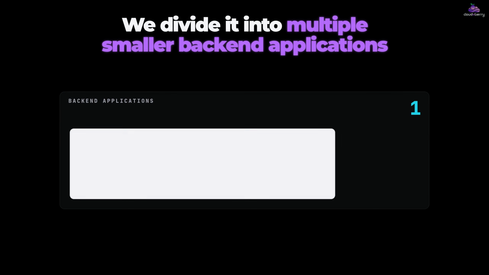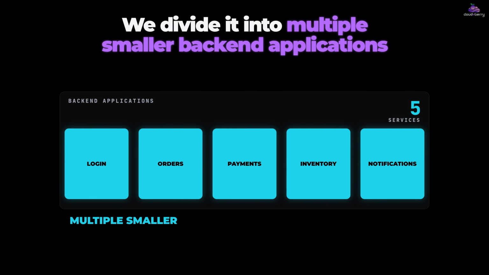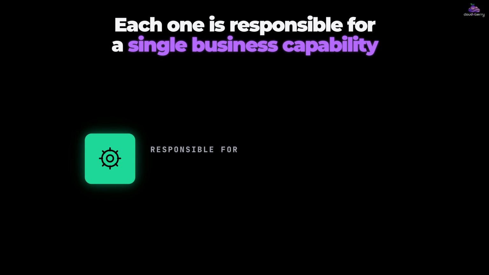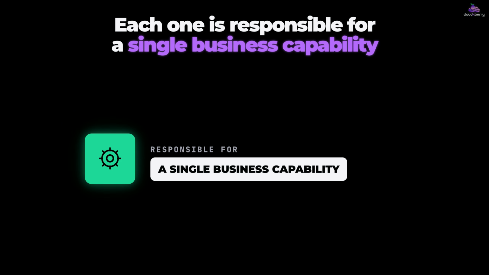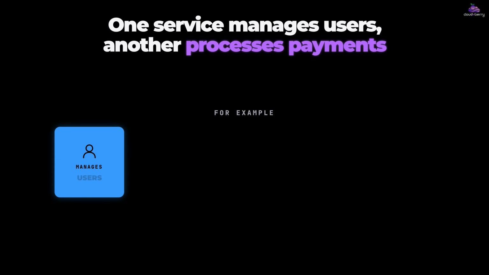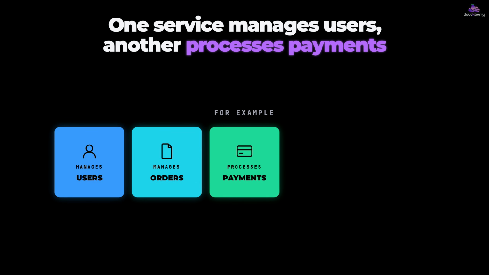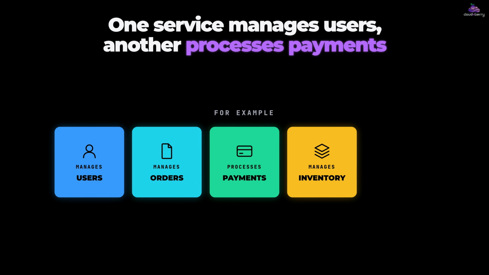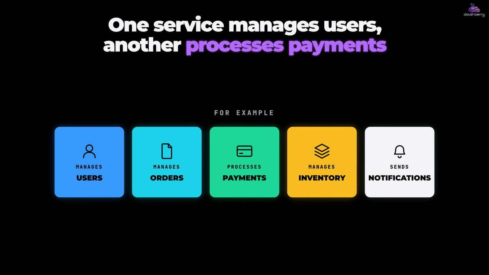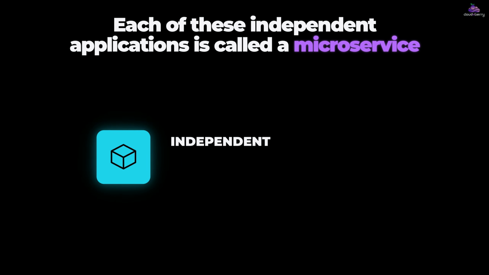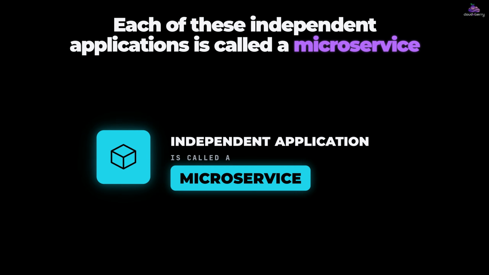Instead of building one large backend application that does everything, we divide it into multiple smaller backend applications. Each one is responsible for a single business capability. For example, one service manages users, another manages orders, another processes payments, another manages inventory, and another sends notifications. Each of these independent applications is called a microservice.